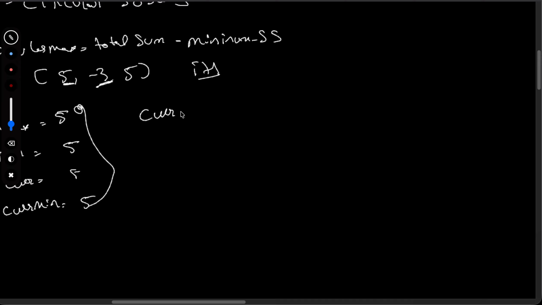Current max: we call the max function, 5 plus -3 is -2, so current is -3 or -2.